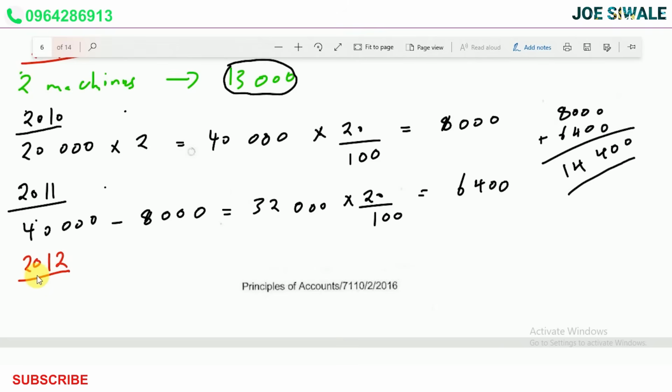Then in the year 2012, we know that the cost of the machine for the year 2011 was 32,000. So we're going to say 32,000 minus the depreciation of the two machines, which is 6,400.